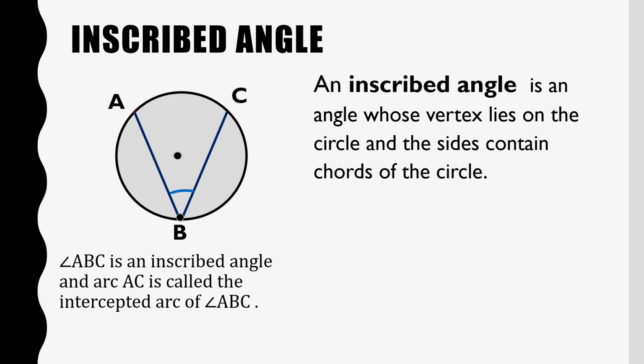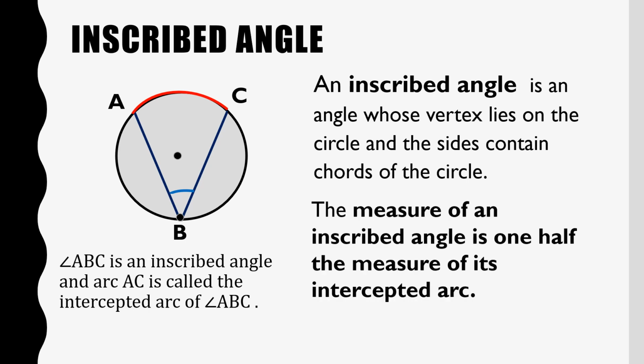And arc AC is the intercepted arc of angle ABC. The measure of an inscribed angle is 1/2 the measure of its intercepted arc. So therefore, if the measure of arc AC is 80 degrees, then the measure of angle ABC is 40 degrees.